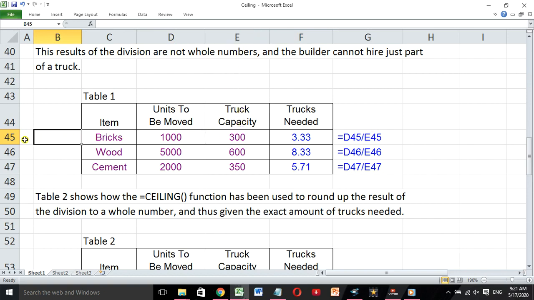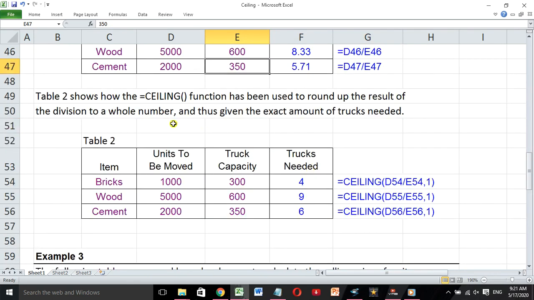So this is the answer, 3.33. And the next formula is equal to D46 divided by E46. This is the answer. D47 divided by E47. This is the answer.